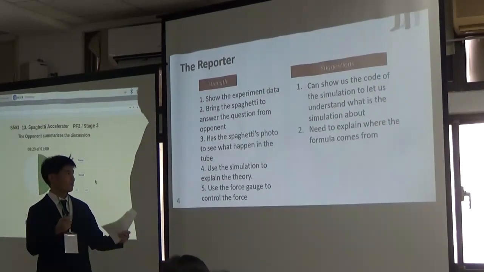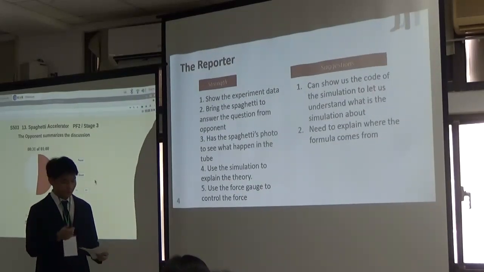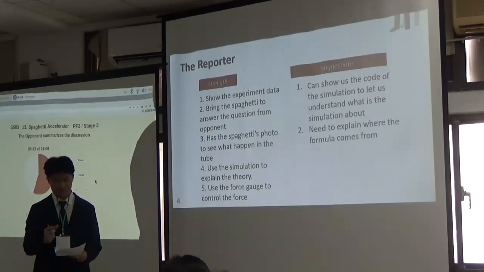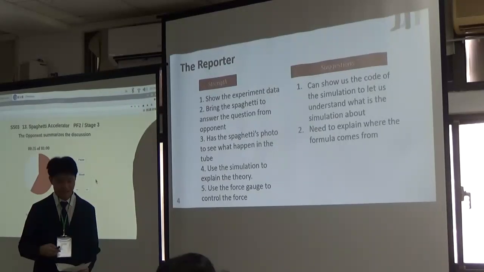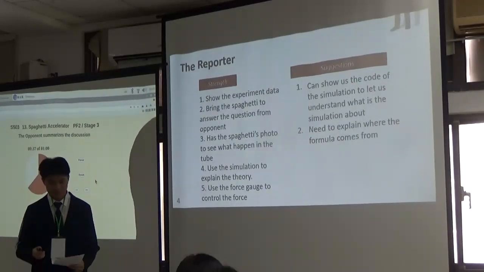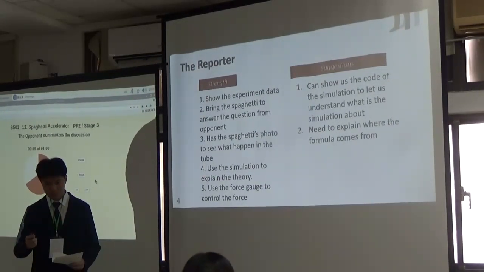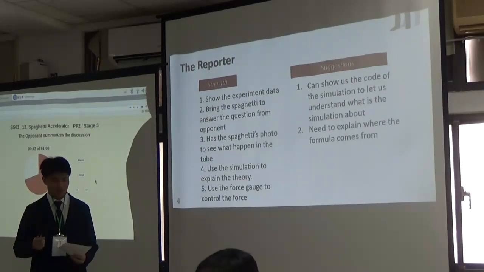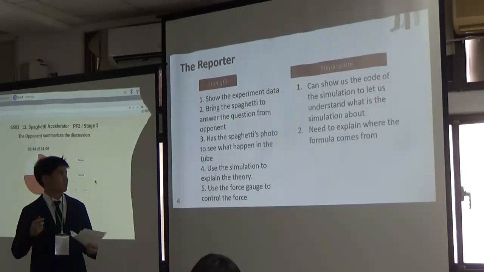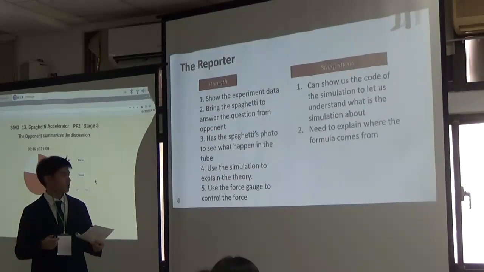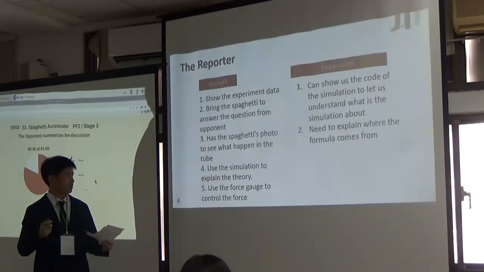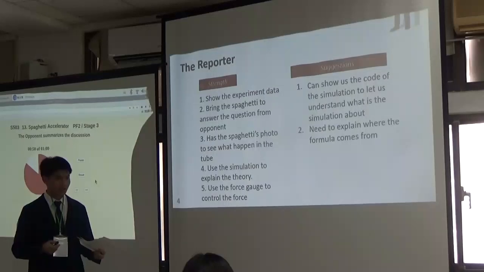I think it's a very good experiment with spaghetti. He brought the bending spaghetti there, and then I can clearly know how the condition changes the result, and it has the spaghetti photo to see what happened there too. And I think it's very good.